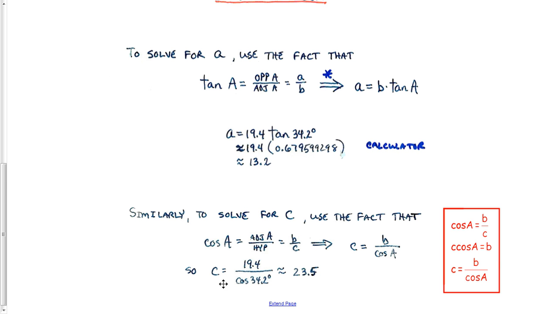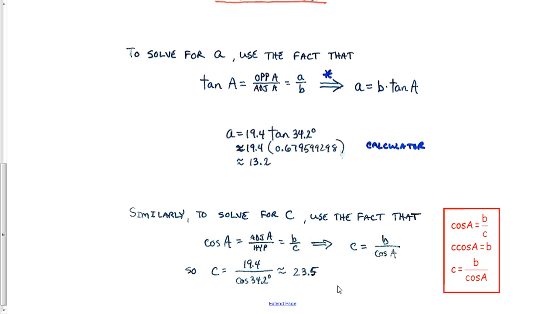And so now I'm prepared to put my information into this equation. I was given that side B is 19.4, and I was given that angle A is 34.2. I simply put that into my calculator, and I get 23.5, and I rounded this to the tenth position because I had no more accuracy than that to begin with.